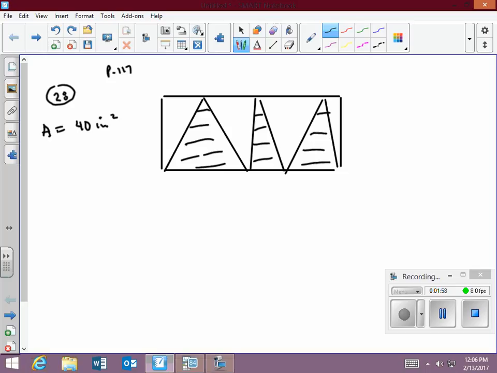So if you consider this a height, and then you consider this length A, B, C, and D, each one of those lengths like that.